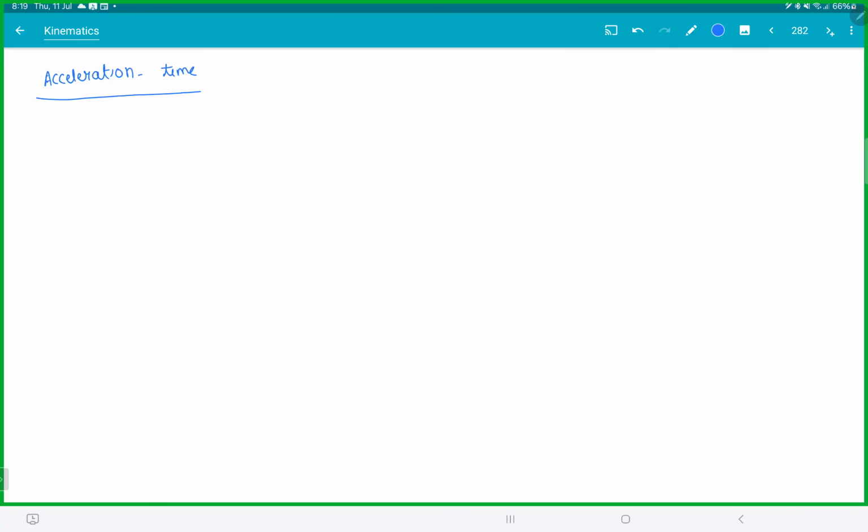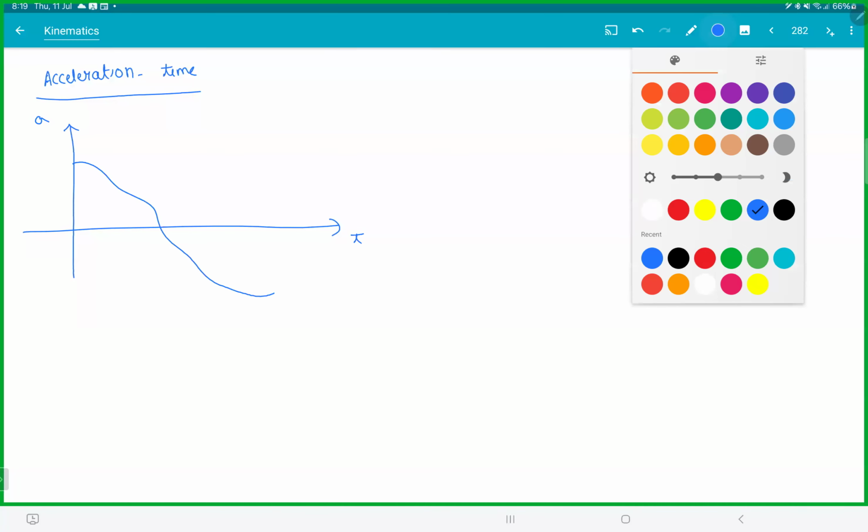So in an acceleration time graph, again, same thing. Here also you have a positive area and a negative area.